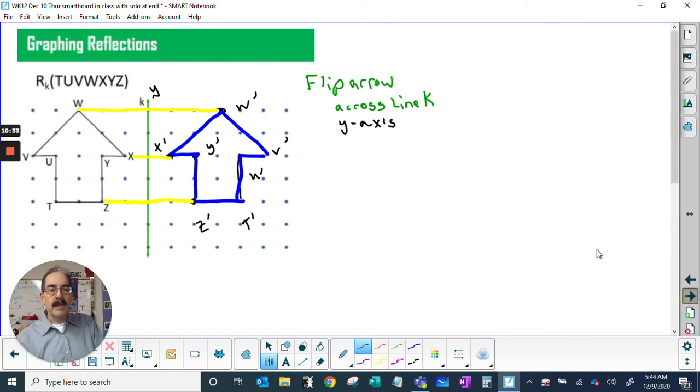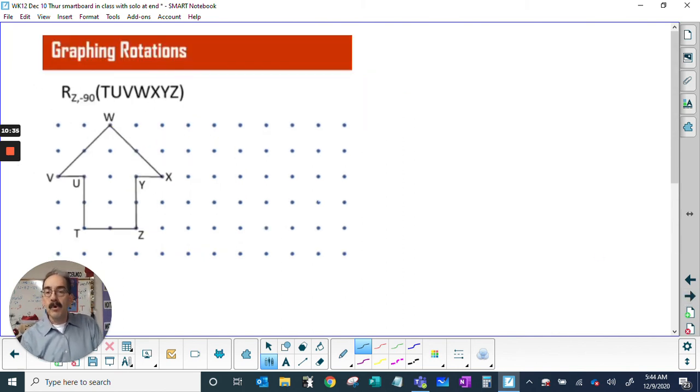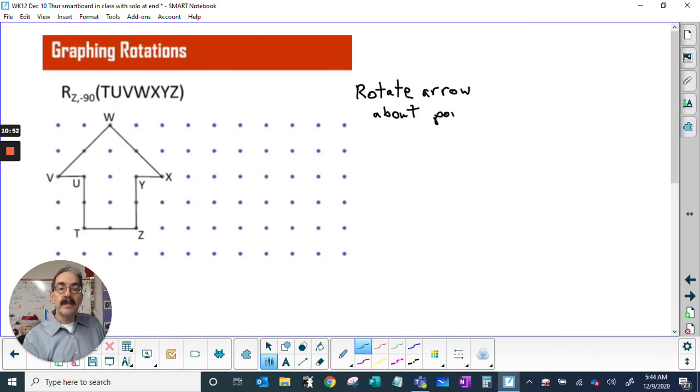Our last one is a rotation. Now, a rotation is a little more difficult to sketch. So the first thing is we're going to rotate the arrow. We're going to rotate about point Z, and in the virtual world that would always be the origin, 0, 0.